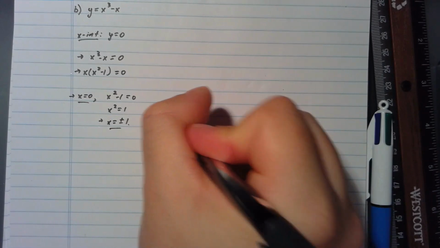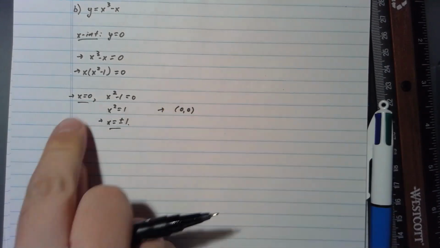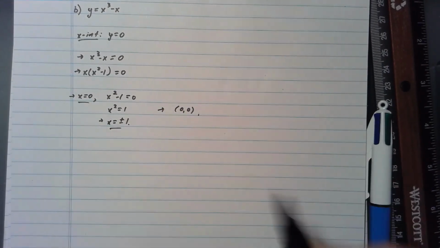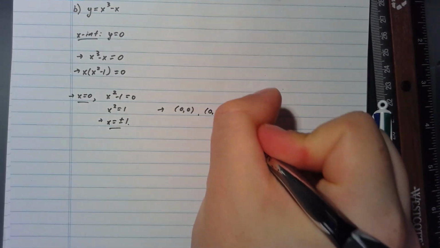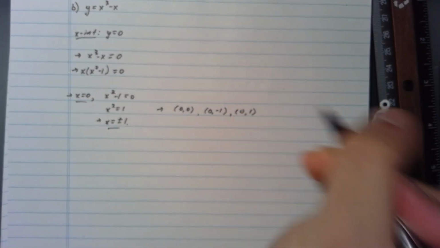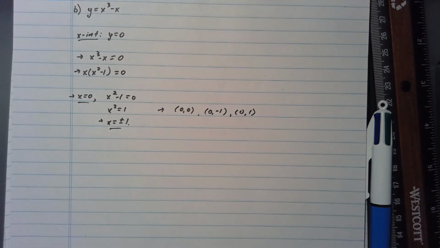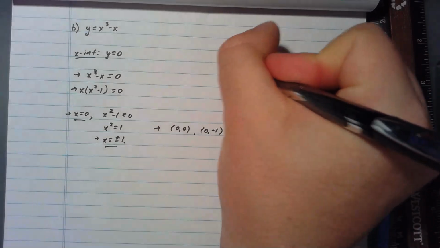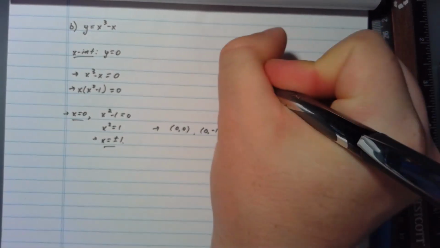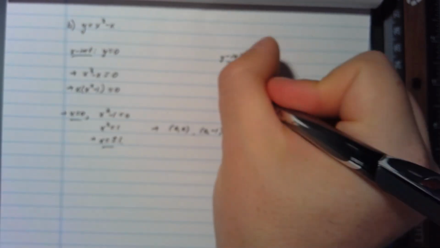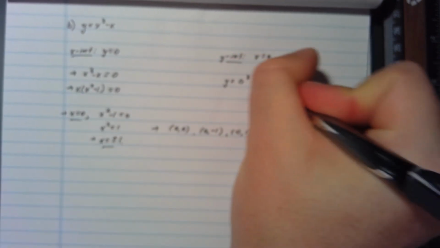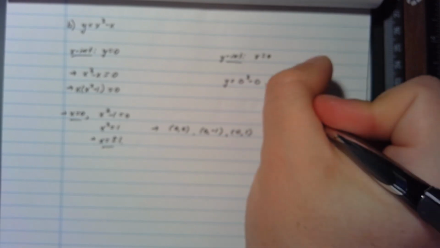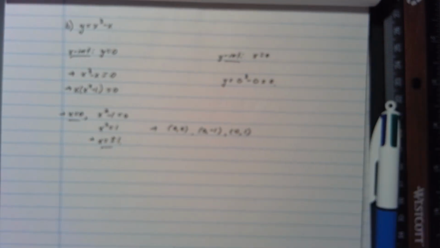So my x-intercepts are (0, 0), (negative 1, 0), and (1, 0). The y-intercepts, that's when x equals 0, so just plug it in. 0 to the third power minus 0 is what? 0!